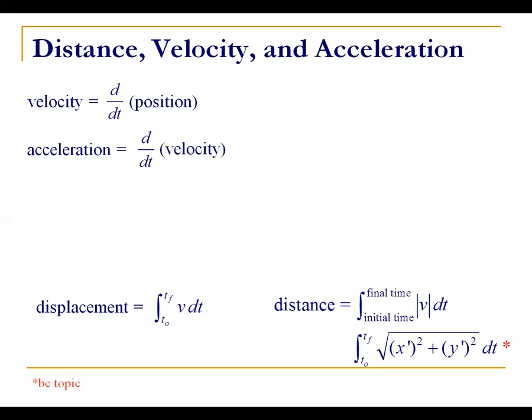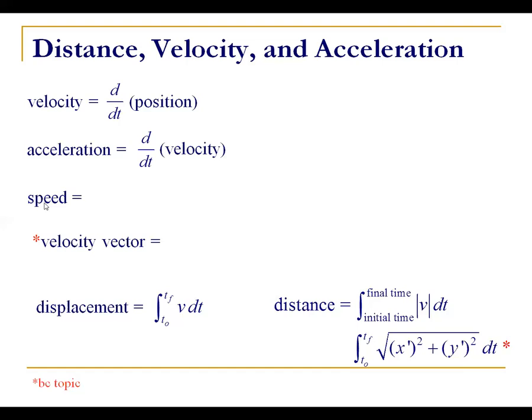So when you integrate the absolute value of velocity, it counts everything as positive steps, and therefore you get the correct answer. Okay? So at the end of the day, to get displacement, you integrate velocity over the interval. To get total distance traveled, you integrate the absolute value of the velocity over the interval.